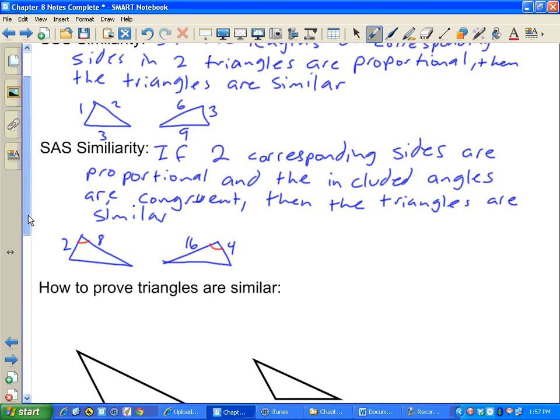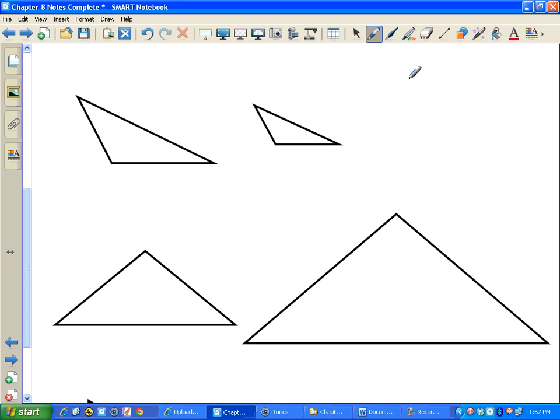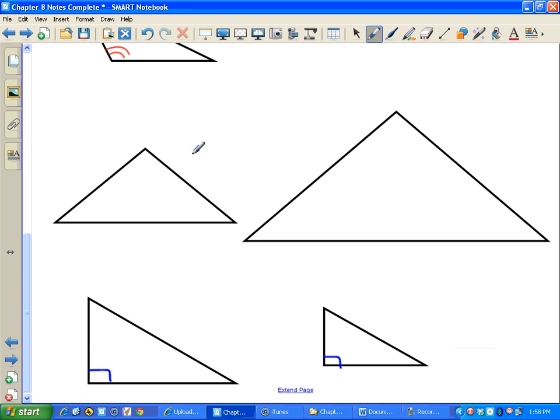All right, so all the ways to prove triangles are similar. We've got angle-angle. We've got side-side-side. Okay, so this one's kind of hard to draw.